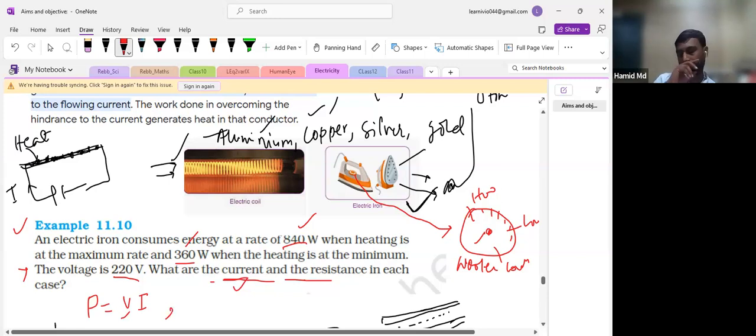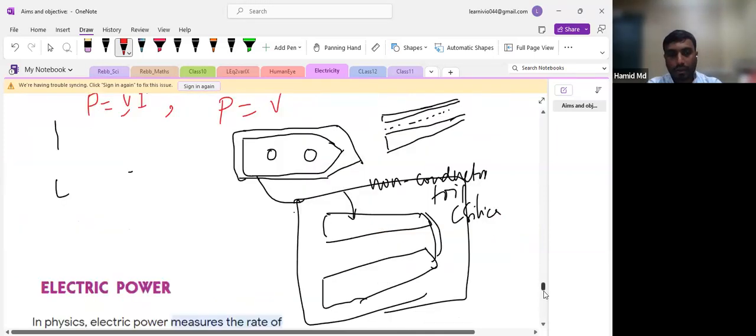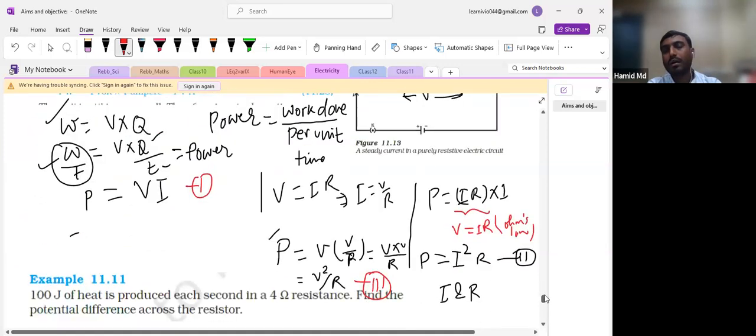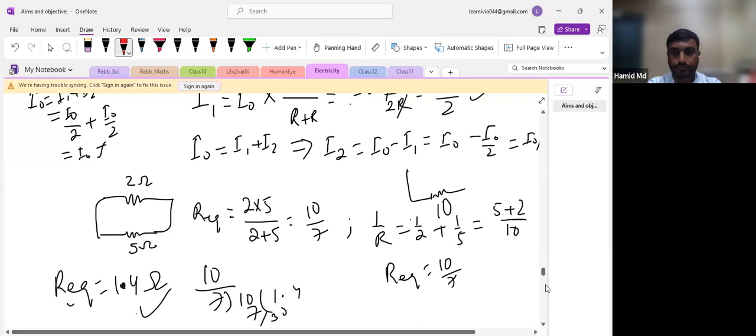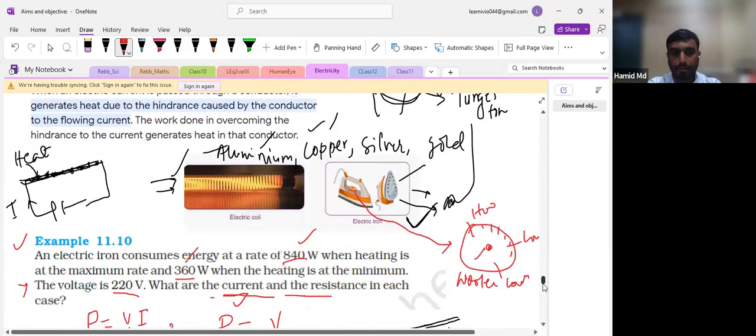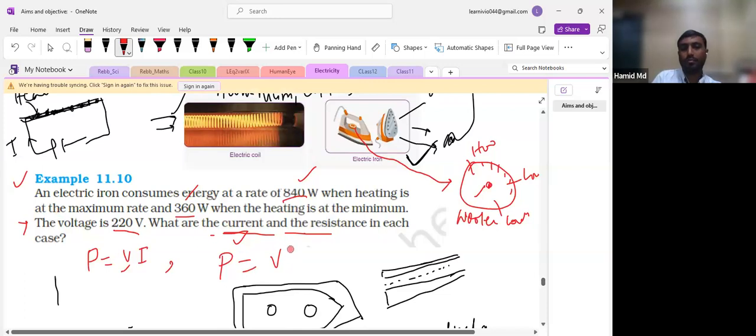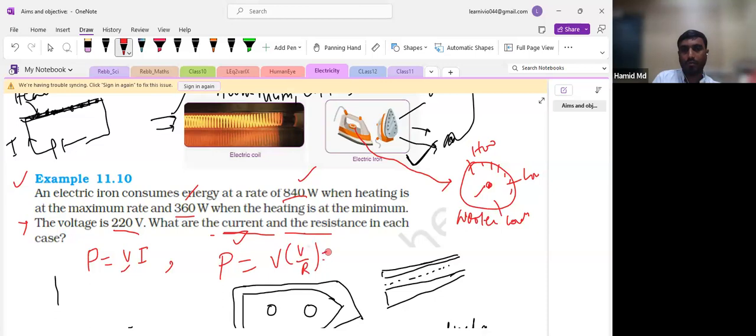Another will be P equal to V and resistance, V square over R. Another will be I is equal to V over R. So I think these two relations will be enough to solve these numericals. Okay. Can you proceed? Yes. Okay.